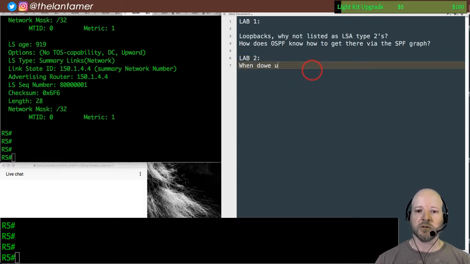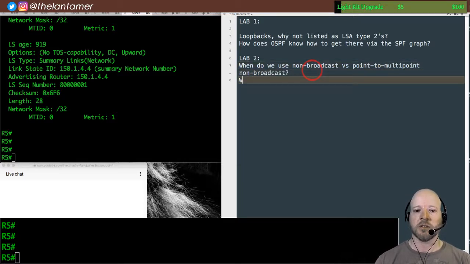when do we use broadcast, non-broadcast versus point to multi-point non-broadcast? What's the difference? Right?